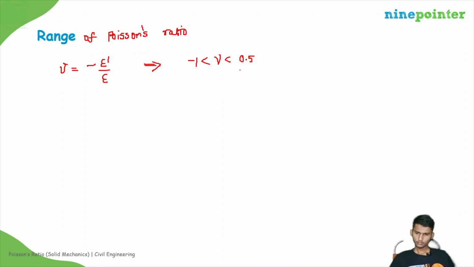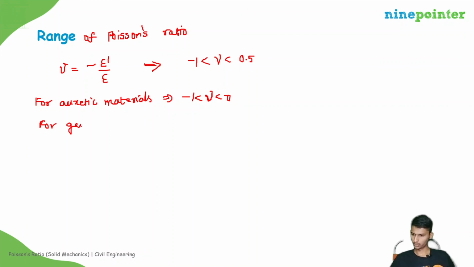So I said that for oxidic materials, it should be -1 less than mu less than 0. Right? For general materials, the range is 0 less than mu less than 0.5.